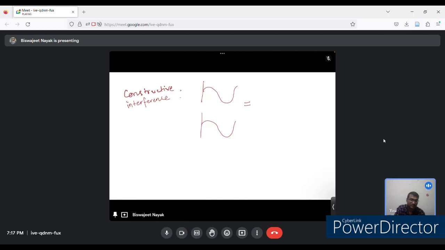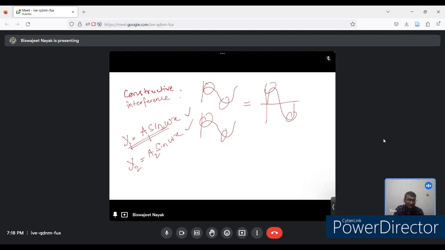For the simplest equation, we may say some amplitude times sine omega x. I'm not writing in terms of exponentials, I'm writing in terms of sine and cosine. So if these two waves are given, the amplitudes will add up, because there is no phase difference in these two equations. So this is basically constructive interference.